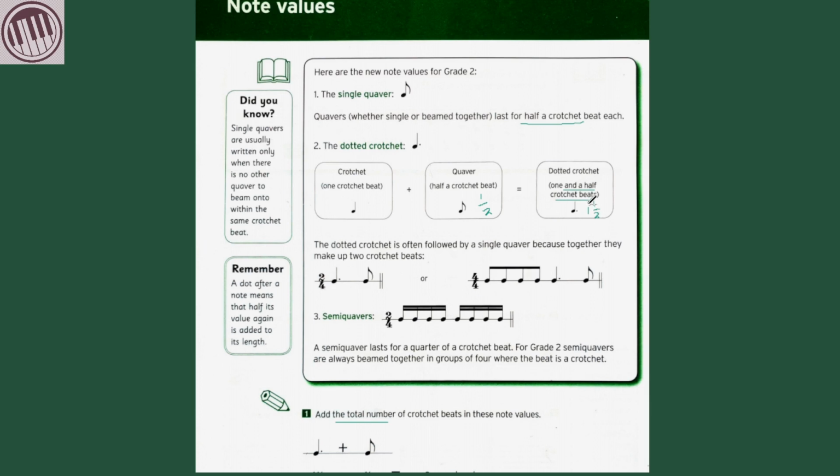So we use the dot to extend a note within the bar. So you will always find a dotted crotchet followed by a quaver because we don't just want to have 1.5 beats hanging there in the bar. So we want to complete and add another half to complete the second beat. So here is your beat 1 and the dot and the quaver will make your second beat.